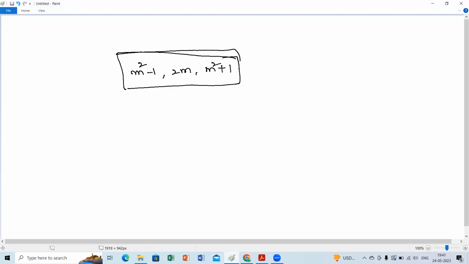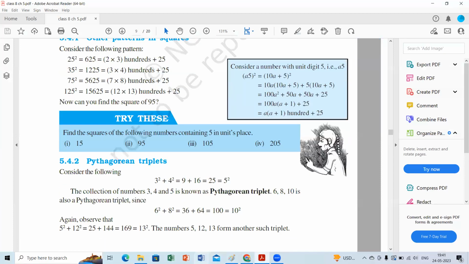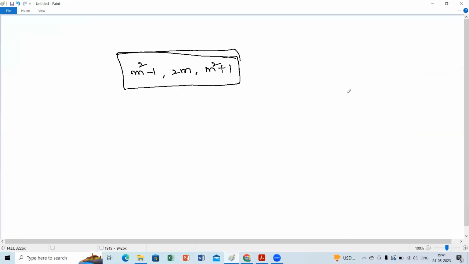How are you supposed to find Pythagorean triplets? Suppose I take the values of a right angle triangle, 3 and 4. One leg is 3 centimeters, another leg is 4 centimeters. What is the hypotenuse, children?